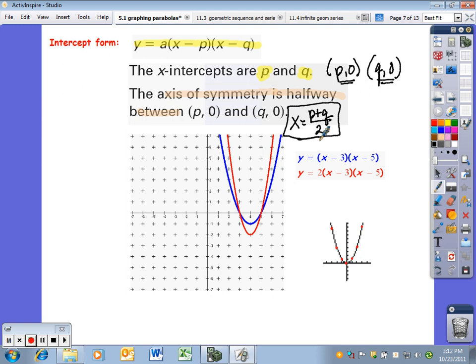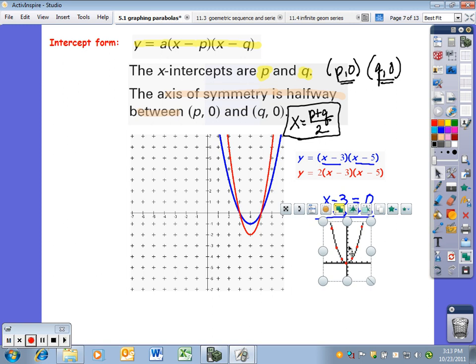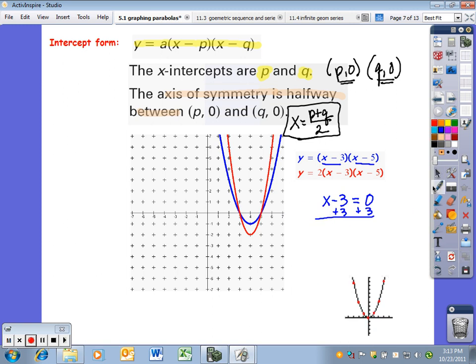So let's take a look at the blue one. I have x minus 3 and x minus 5. If I have x minus 3 and I want to find where y is 0, I would add 3, so I would get x equals 3. So this is the point when x was 3, the y was 0.